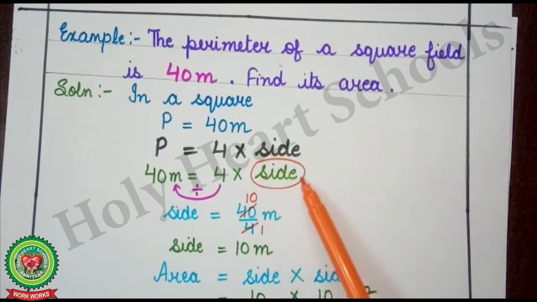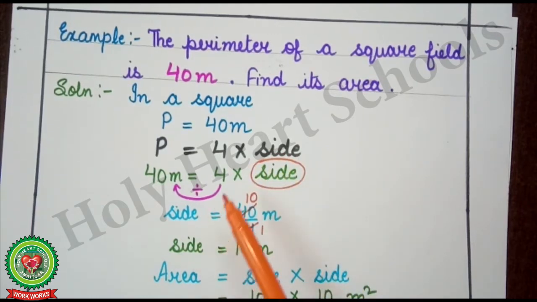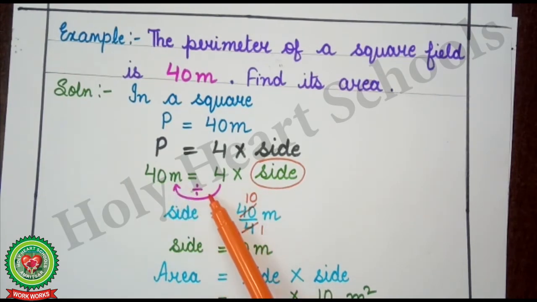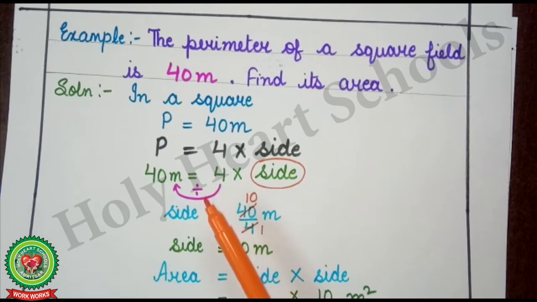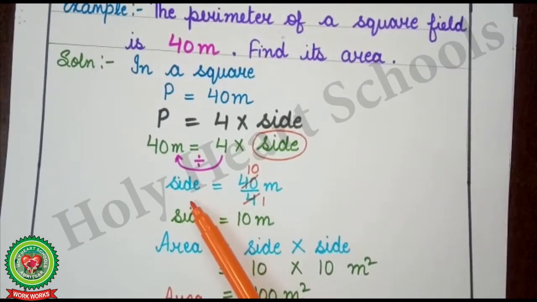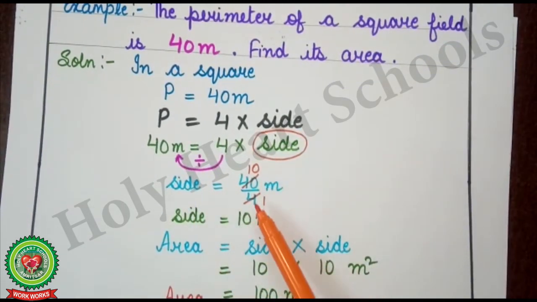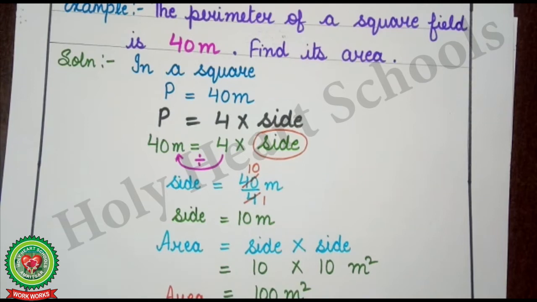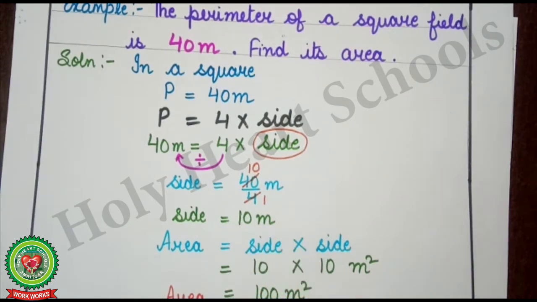Here I have to find out the side of the square, so 4 will go to the other side with the sign of divide. So here it comes: side equals 40 upon 4 meters. Now 4 ones are 4, 4 tens are 40. Therefore side equals 10 meters.